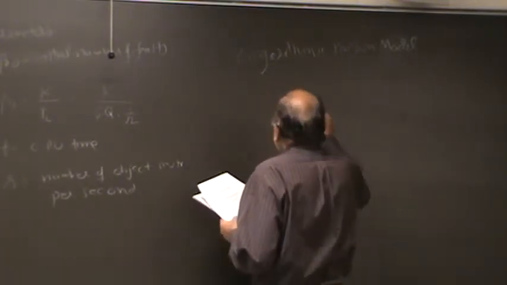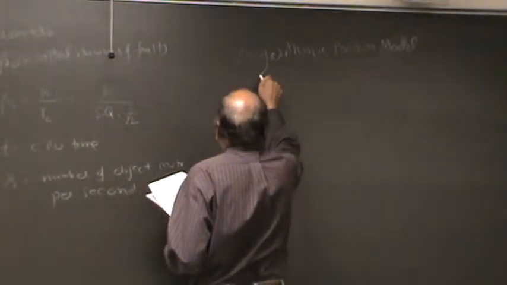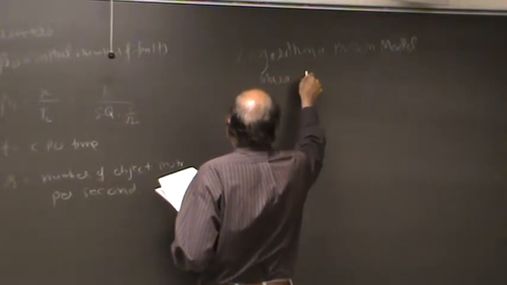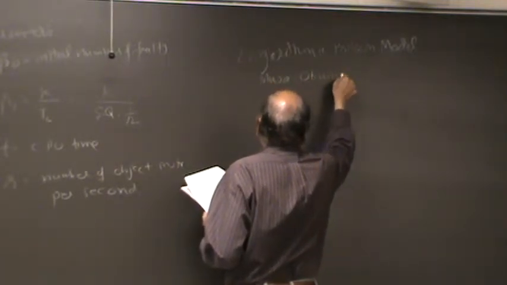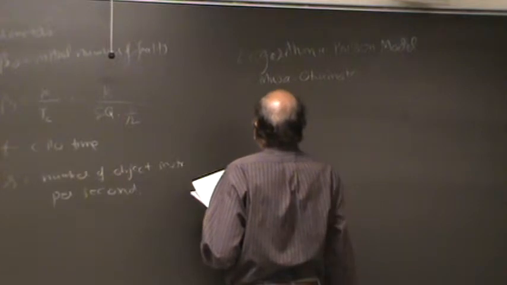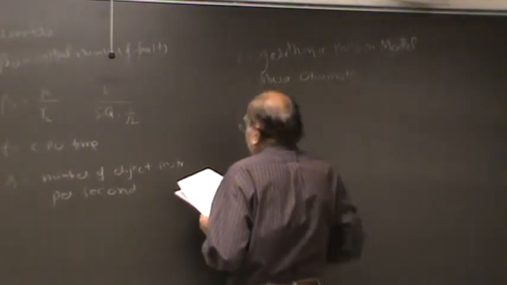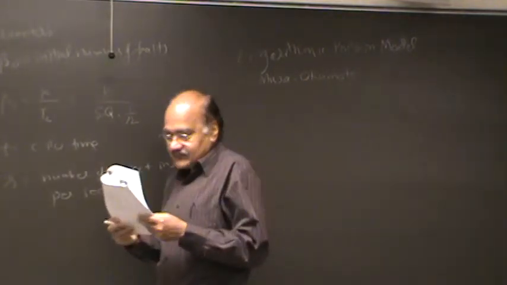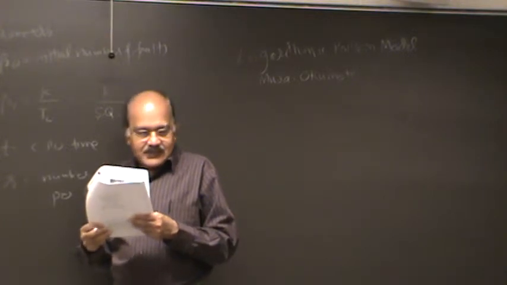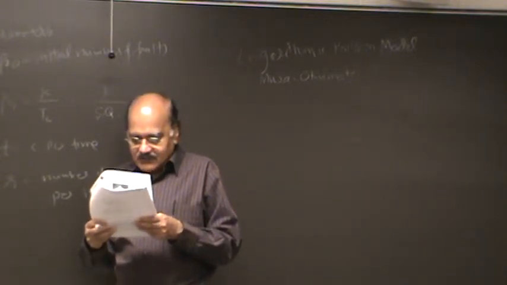It also goes by the name of the people who came up with it, Musa-Okumoto. Musa in his book calls it the logarithmic Poisson model. So we'll refer to it as the logarithmic model.